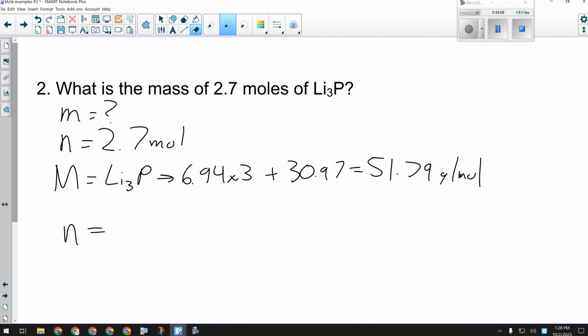All right. I have to do a little bit of algebra here because the mole equation is set up for n, not little m. So multiply both sides by big M, and I'm set. Just have to plug in my numbers. 51.79 times 2.7.